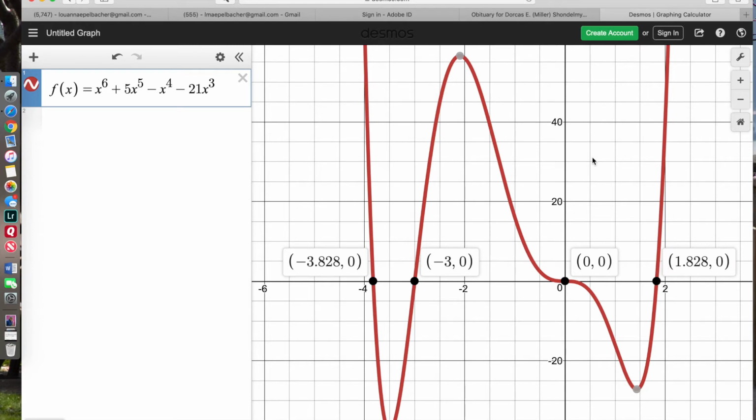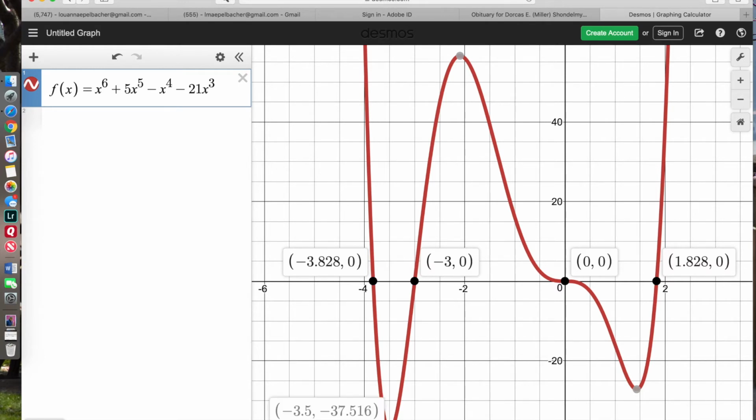So you've got 6 x-intercepts, including this one that's a triple root, and the degree of the function is 6, therefore there are no imaginary roots. 1, 2, 3, 4 of them are rational. -3 and 0 are rational. The 1.828 and the -3.828, those are irrational roots, and so those will be listed next to other roots.